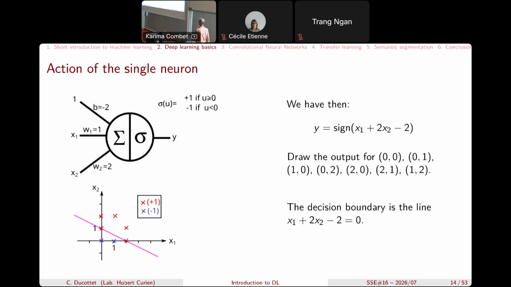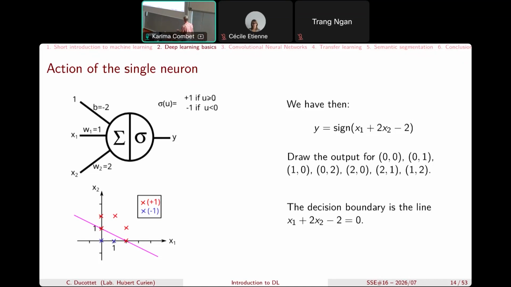So, for example, if we take these input points, I have reported in this graph x1, x2.